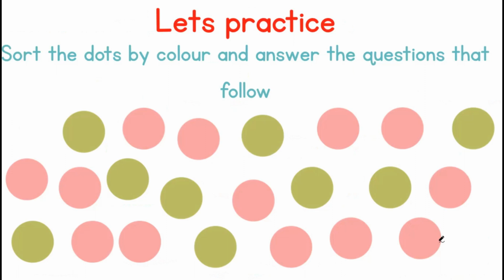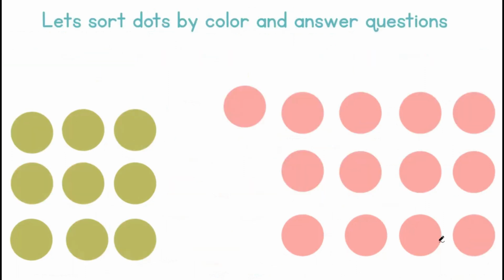There are 2 different colors which are pink and green. Let's sort these dots out by color. So we took our messy dots and we put them into 2 groups. Group 1 being green and group 2 being pink. Now, doesn't this look much easier to work with?